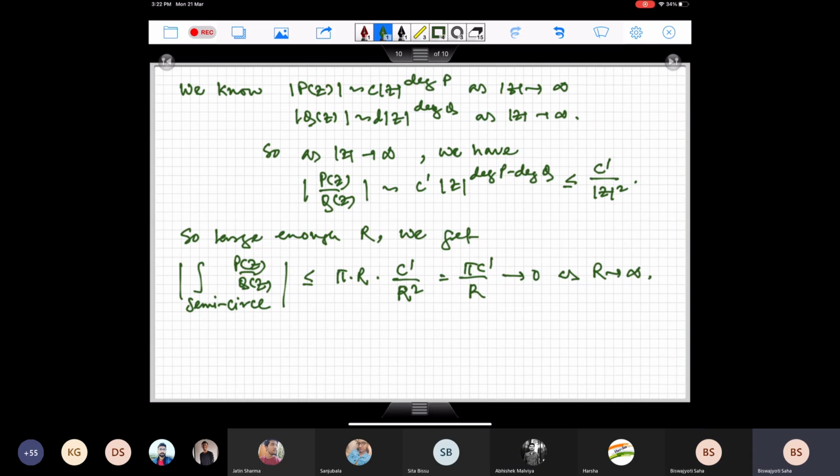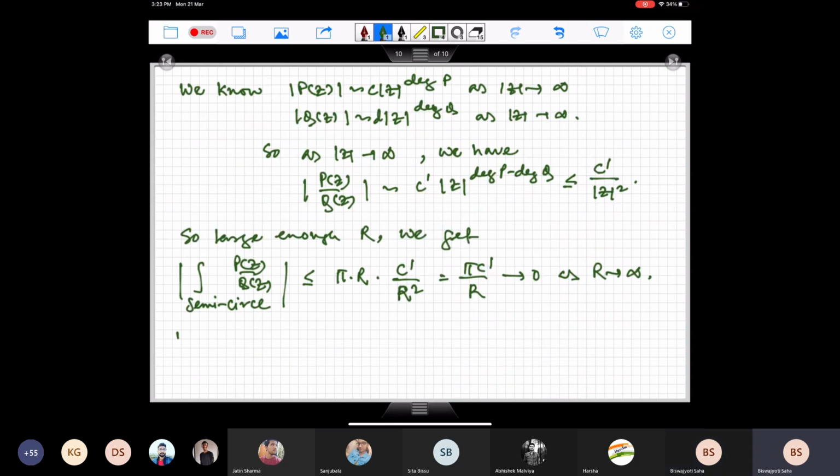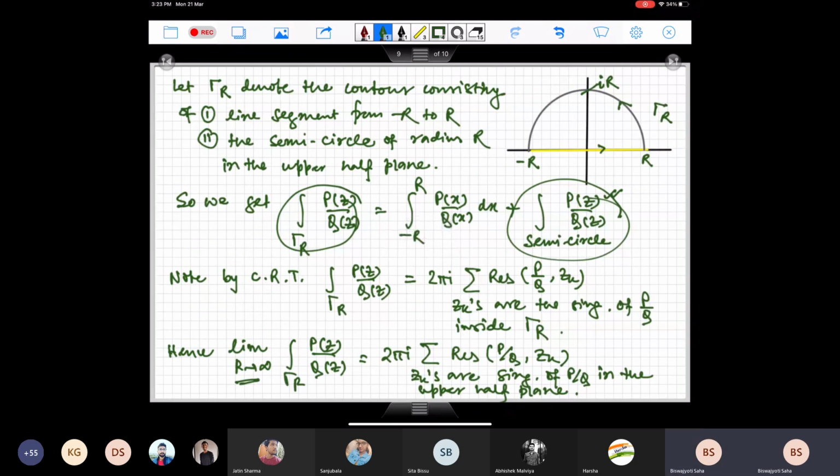Yes, sir. So hence, at the end, as I said, I am supposed to take the limit as r tends to infinity. You know what this limit is. So that gives me what? Finally, tell me what do I get? Integral minus infinity to plus infinity, Px upon qx dx is equal to what? Look at the formula we have.